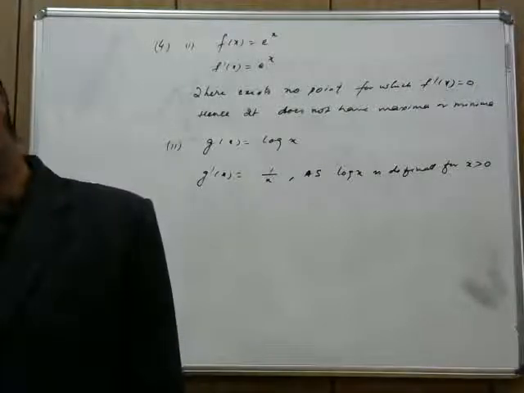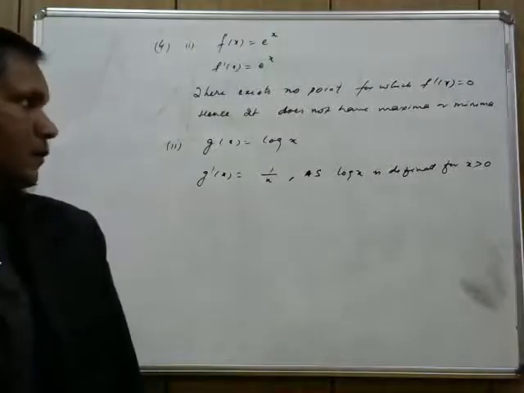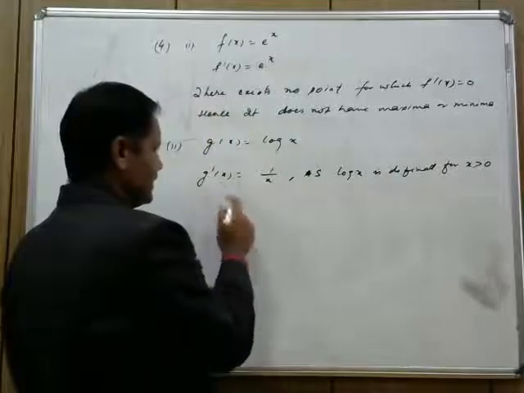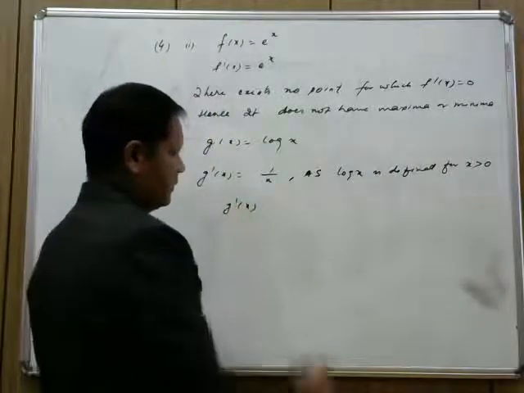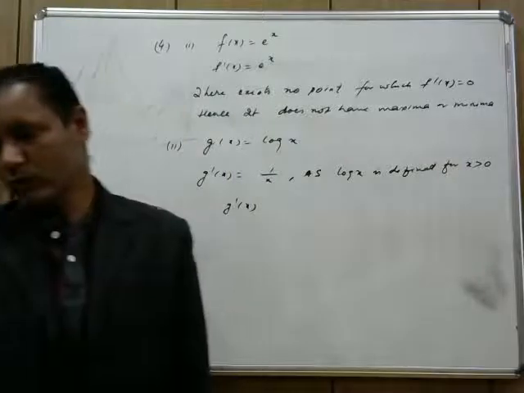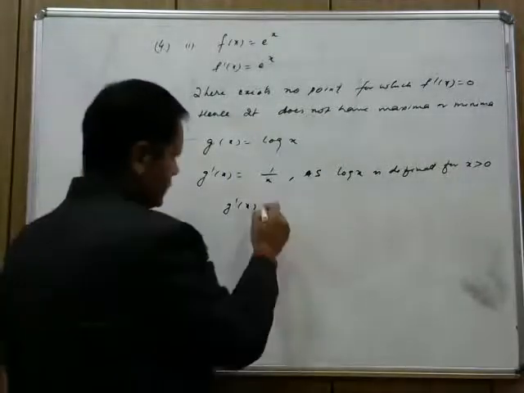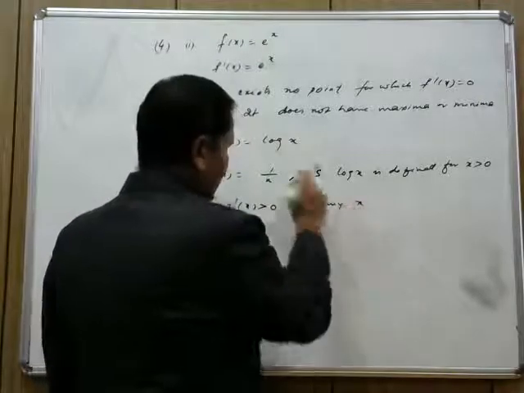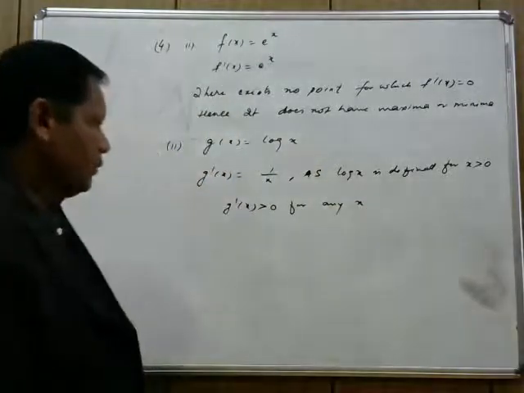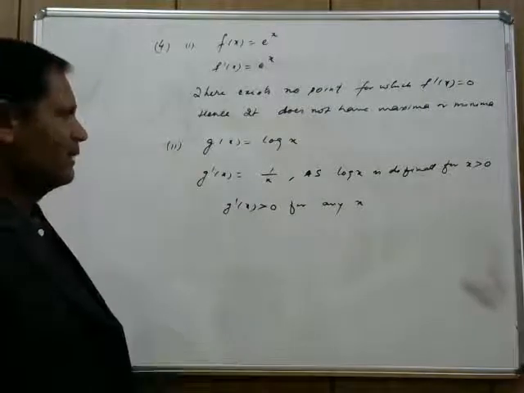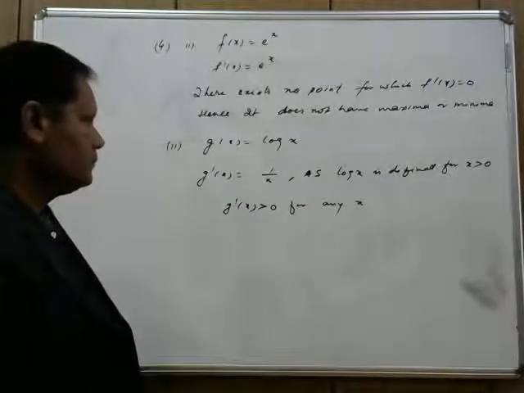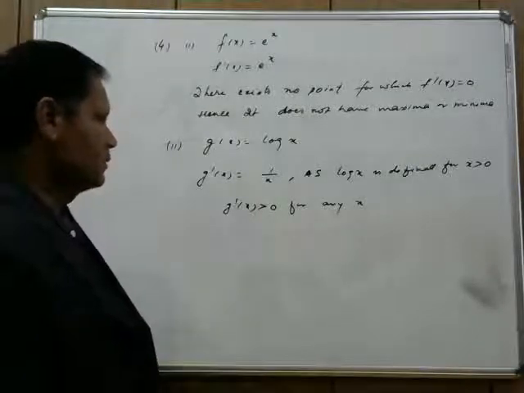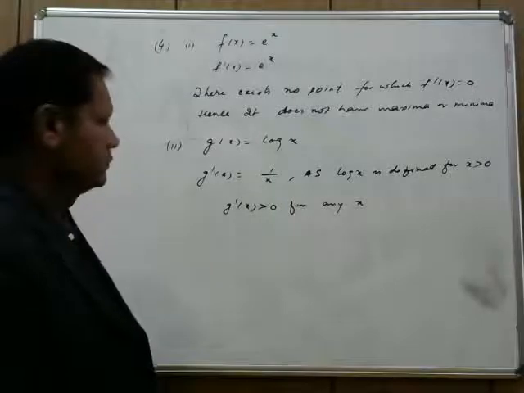Therefore log x is defined for a positive number x greater than 0, and therefore I can say that g dash of x is greater than 0 for any x, because I have taken x from here. So again we don't have any critical point for any x, right? It is not equal to 0, isn't it?